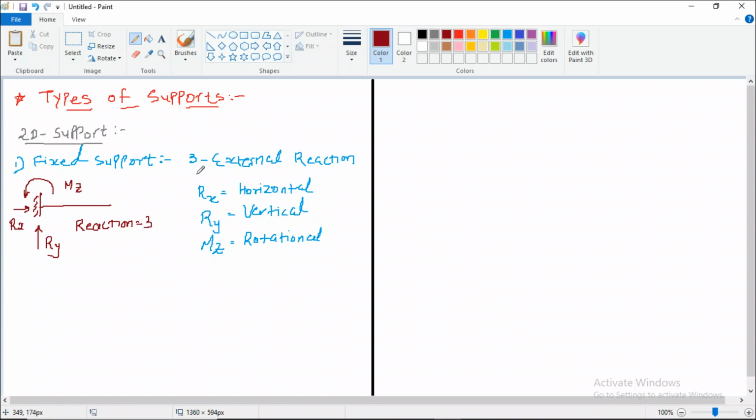Now second type in 2D support is hinge support. Now what will happen in this? So at hinge support there are two reactions possible.